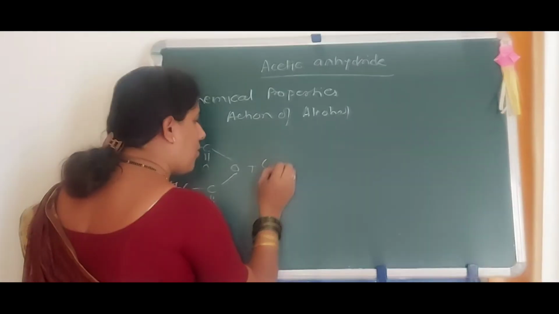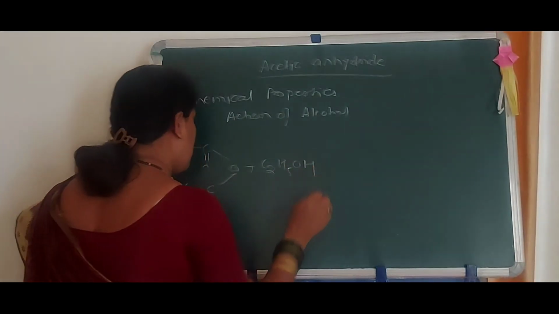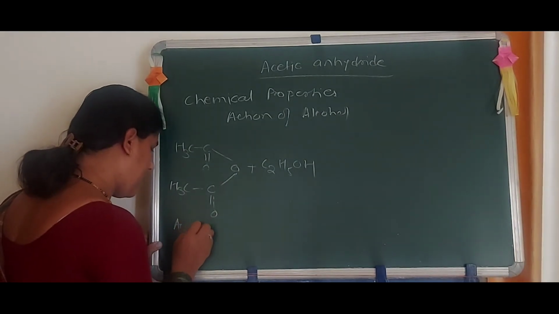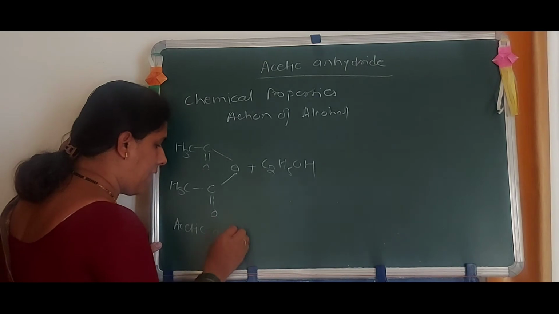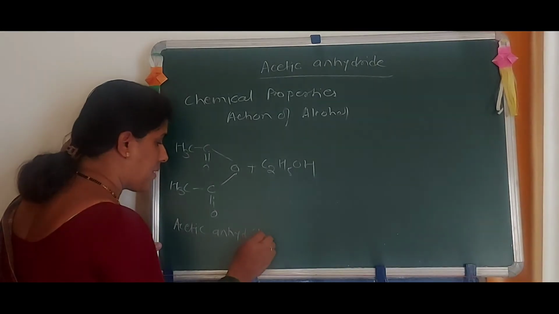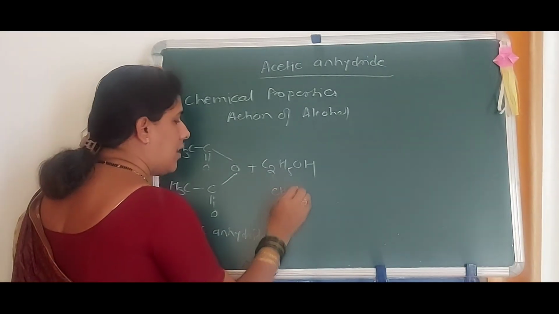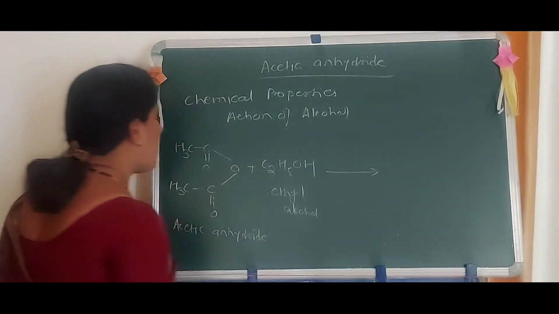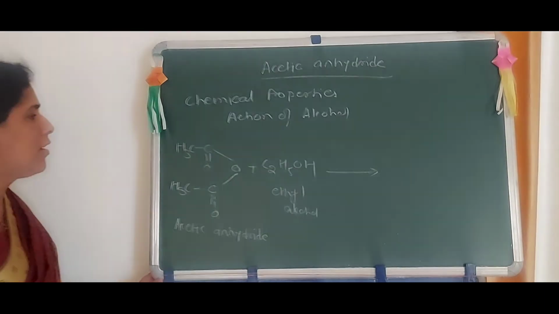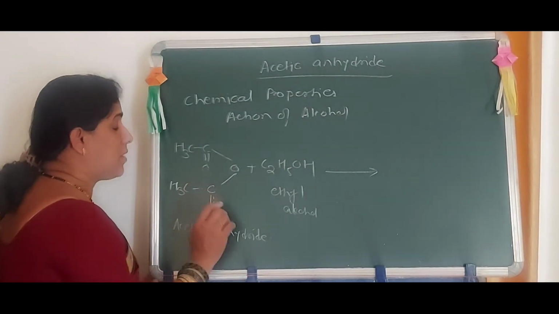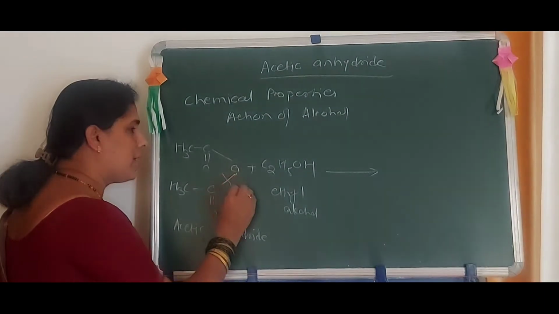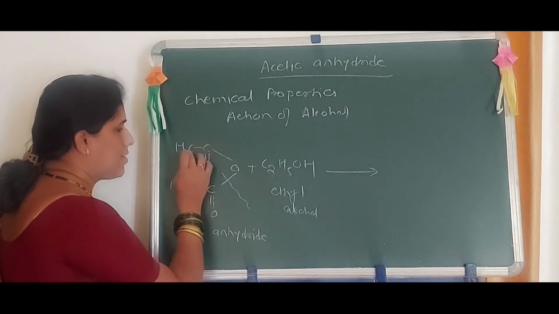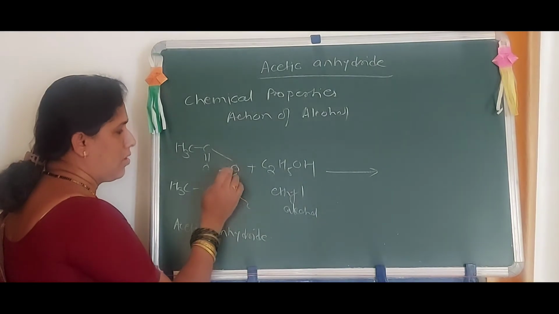Alcohol we are using here is C2H5OH. This is acetic anhydride, and this is ethyl alcohol. What kind of reaction is it with ethyl alcohol? There is breaking of this bond.